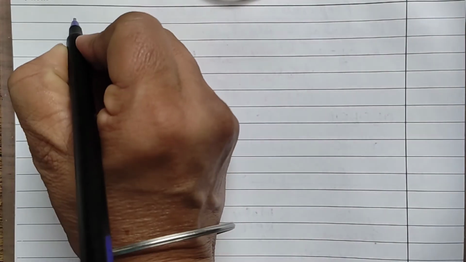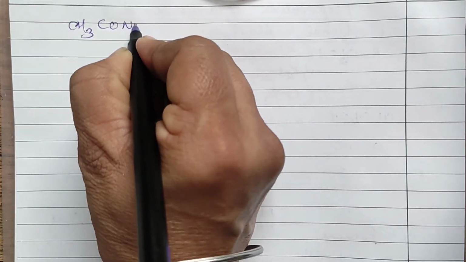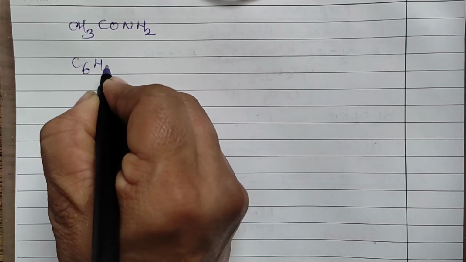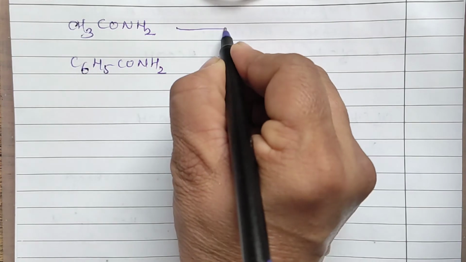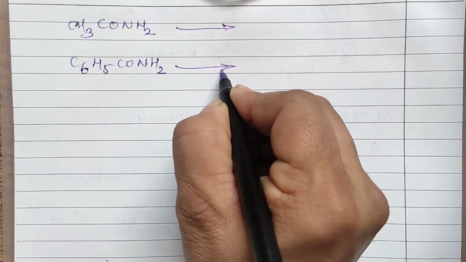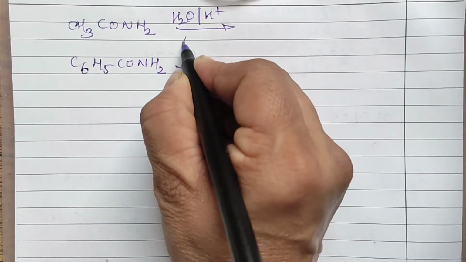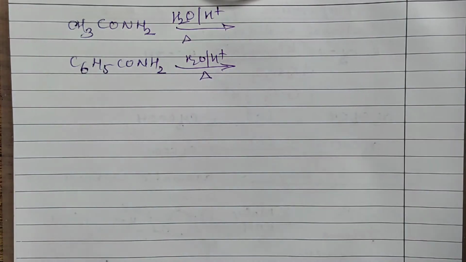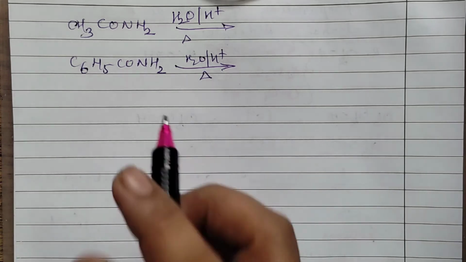Now let us take the example. Suppose I am having CH3CONH2, or I am taking C6H5CONH2. I am carrying out its hydrolysis. Right? So it is water, acid medium, you are heating it. How do you add water? In most of the cases of acid, it is very, very simple.